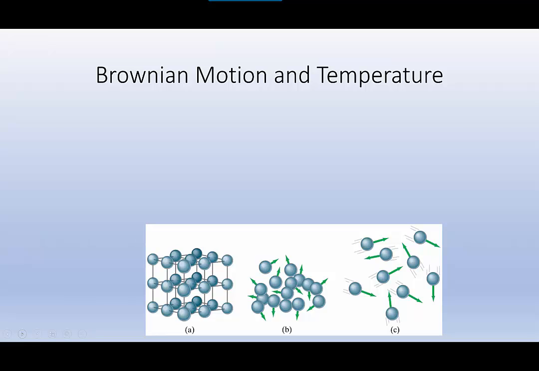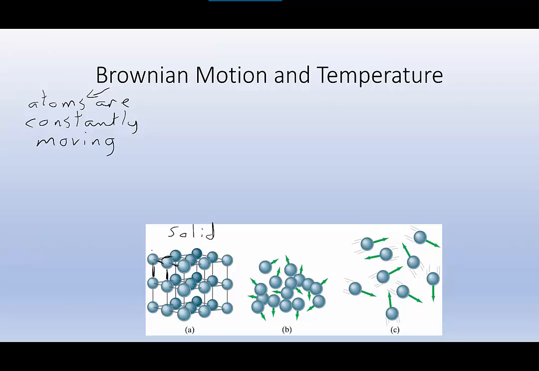Brownian motion is basically the idea that atoms are constantly moving randomly. And of course, they move differently depending on what state they're in. So if they are a solid, they're pretty firmly held together with the bonds between their adjacent molecules and themselves.